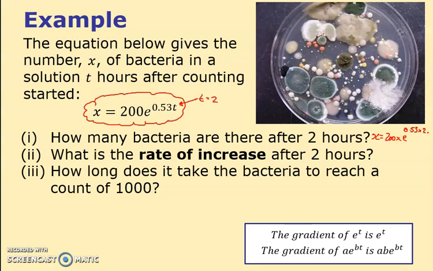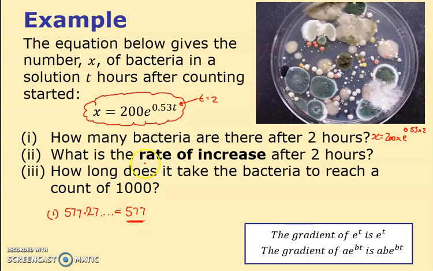It just says how many will there be. 200 times e to the 0.53 times 2, and I get 577. Now it's actually 577.27 and it goes on for a long way. I can't write that, so I'm just going to write to 3 significant figures, 577 bacteria.